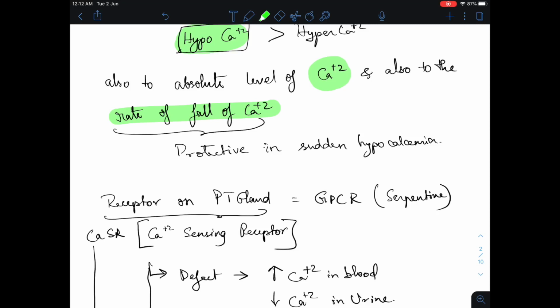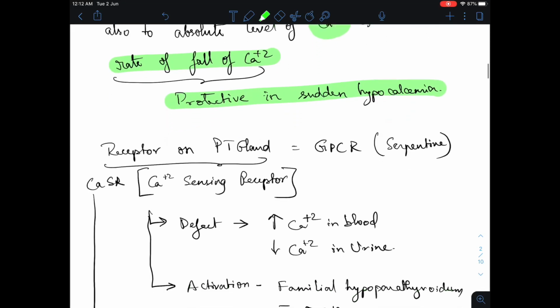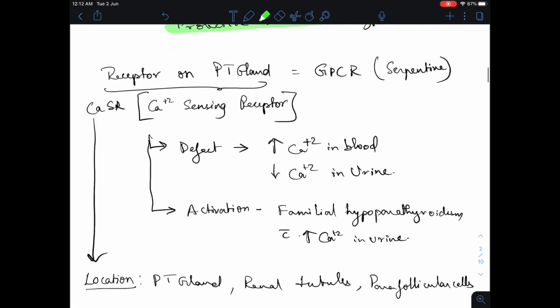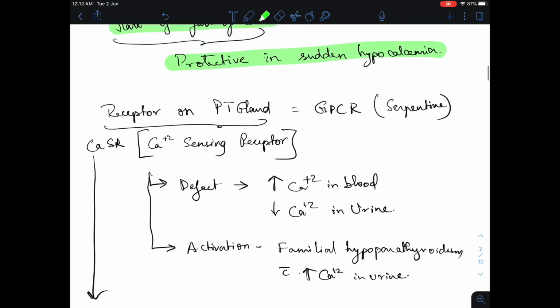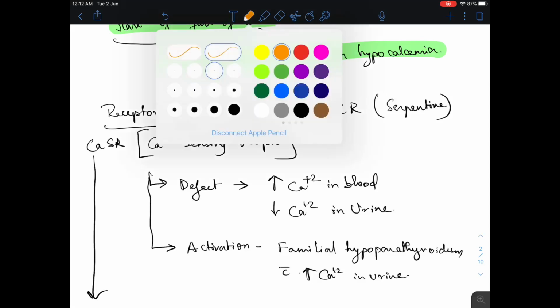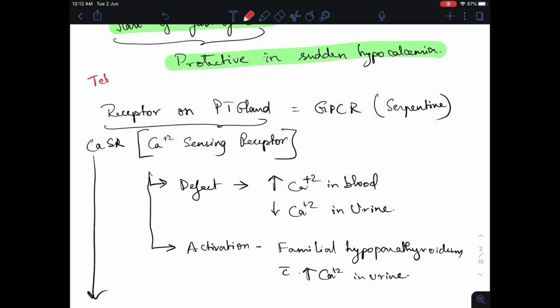Okay, this is a protective mechanism from sudden hypocalcemia, because it will lead to tetany, right? It's not tetanus, it's tetany.